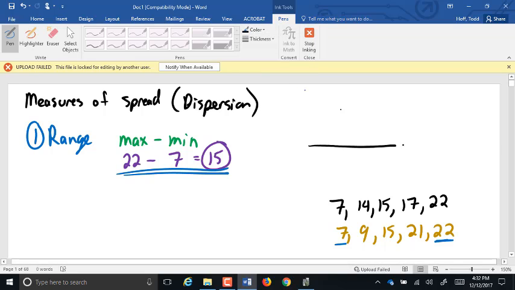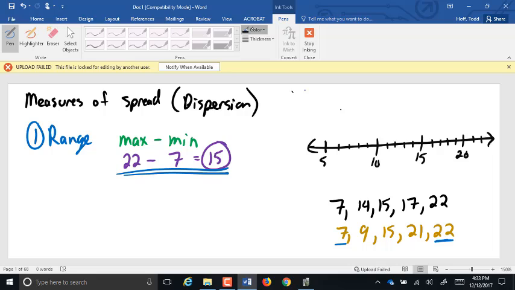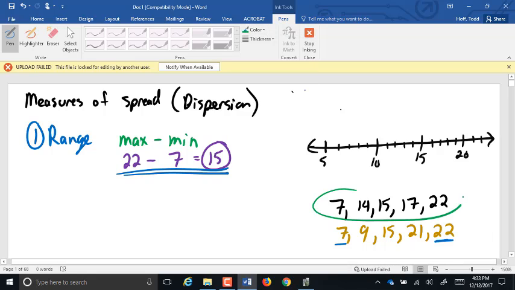I can compare them using a dot plot. Where I put this, do the top set of numbers in green here.